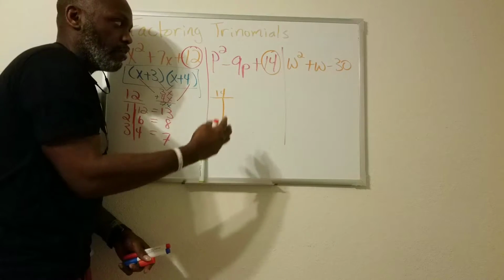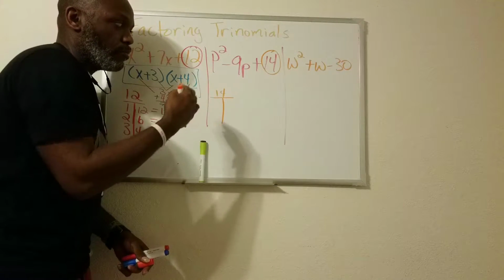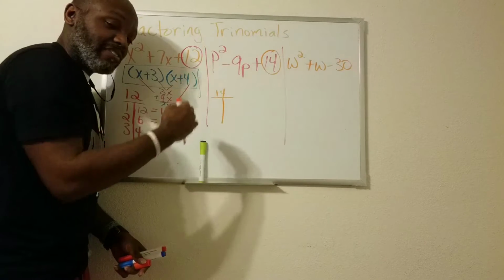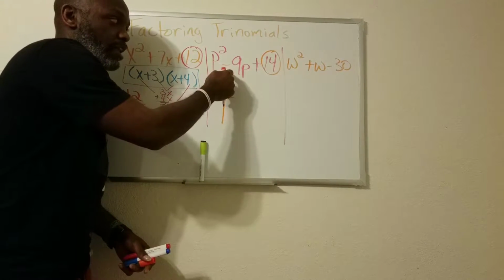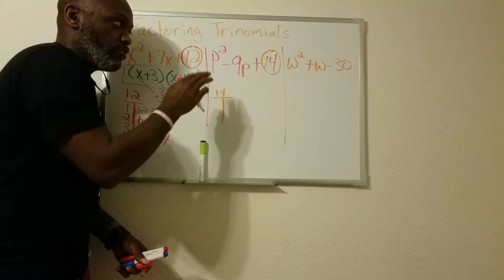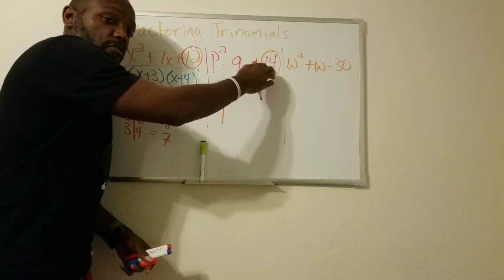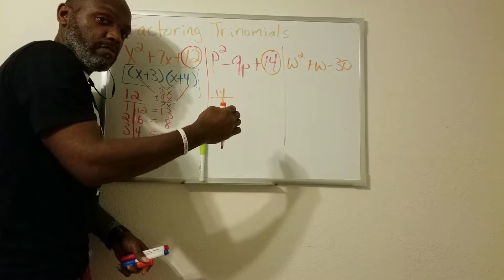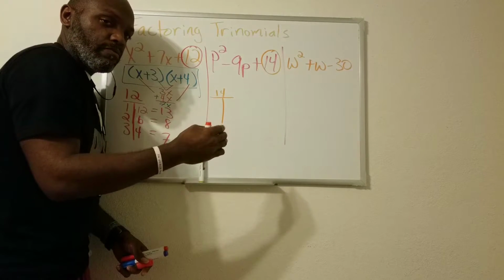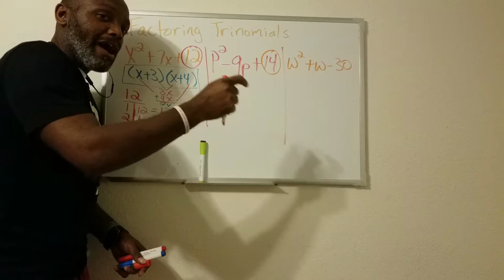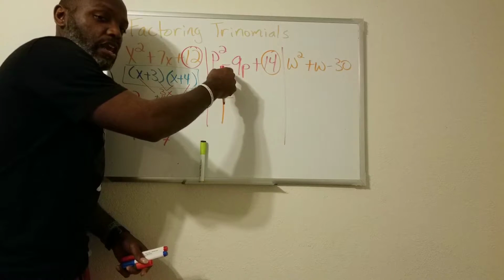So you have to think about what two numbers multiplied together, but added together, will give me a negative 9. So understand that a negative times a negative is a positive, and a positive times a positive is also a positive, right? But if we added two positive numbers, we can't get a negative.